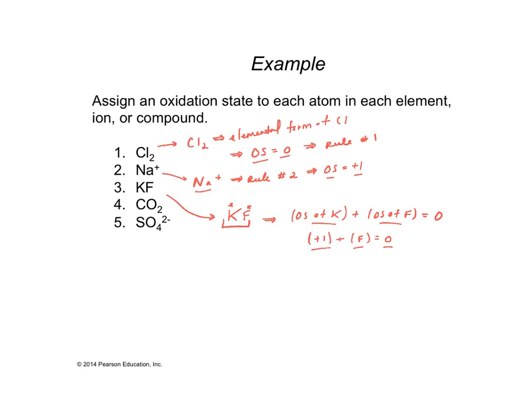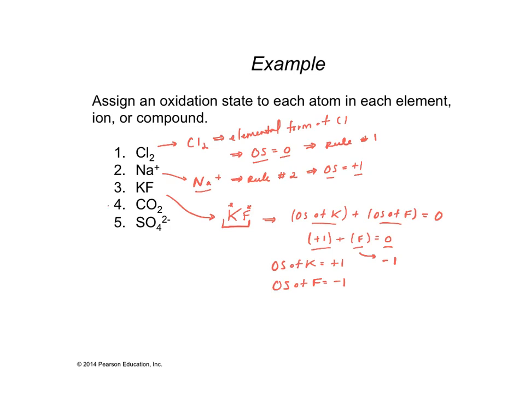So 1 plus this unknown is going to equal 0, so fluorine has to have an oxidation state here of a -1. Okay, so the oxidation state of potassium is a +1, and the oxidation state of fluorine is a -1 in this compound.